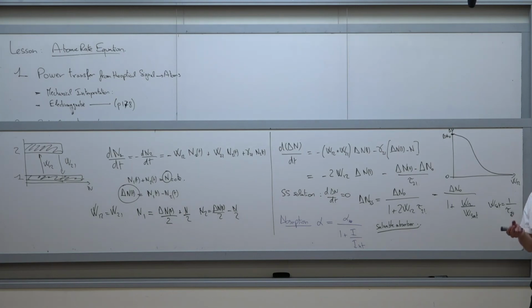If it increases the loss inside the cavity, it means that the threshold of your laser is very high. But as the intensity is increased inside the cavity, there is a point where suddenly the absorber will not absorb anymore. It will be completely saturated, so it will become transparent, and suddenly the threshold of your laser drops.